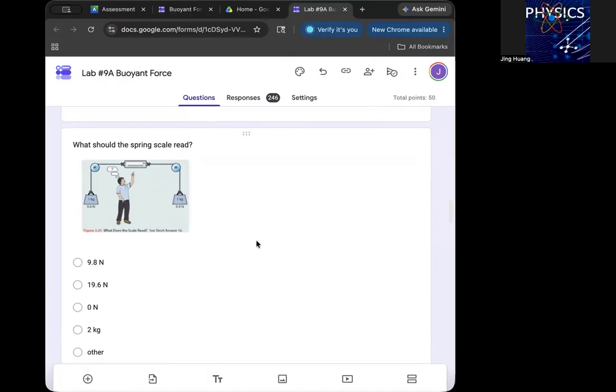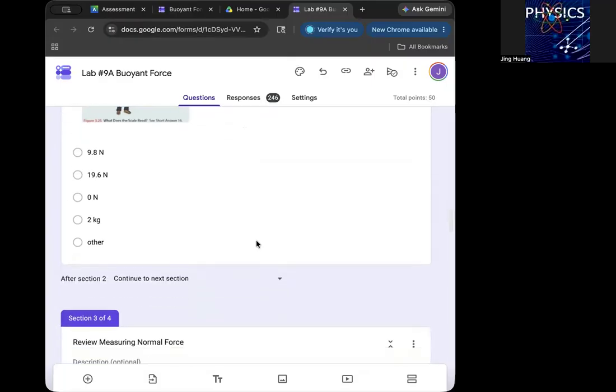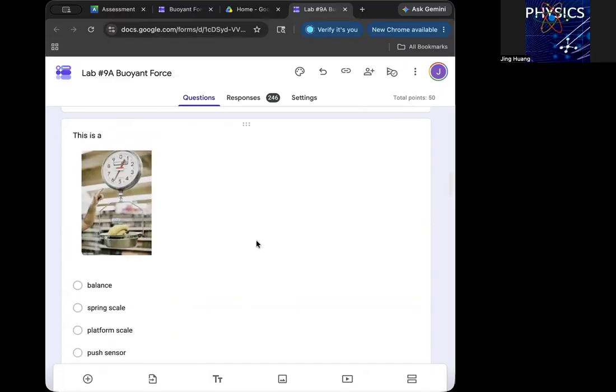It's exactly 9.8 newtons. So that's the first thing we want to introduce in this experiment: tension force. Tension is the force in a string or rope, and this tension force is consistently the same value at different points of the rope. This is the first question I want to clarify before we perform this experiment.